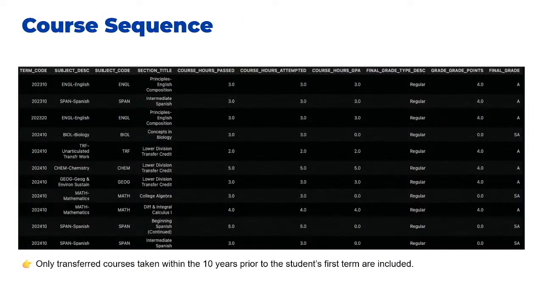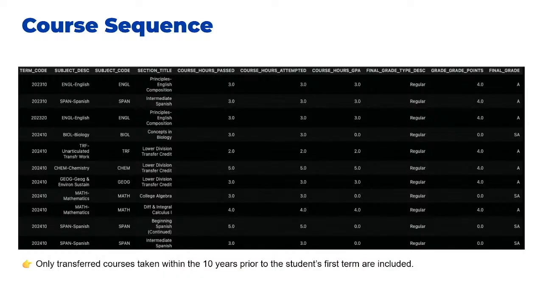Here is an example of a student course history. Each row belongs to a specific course taken at a specific time. So term code 2023 is a fall term, 2023-20 is a spring term. We have subject code, we have grade type.